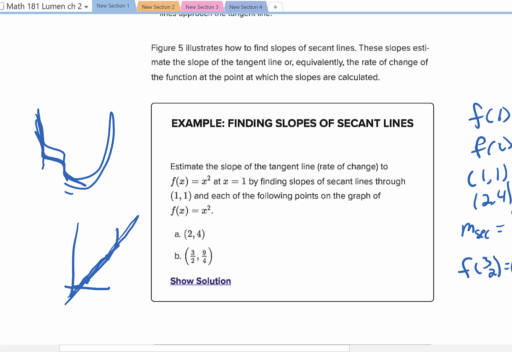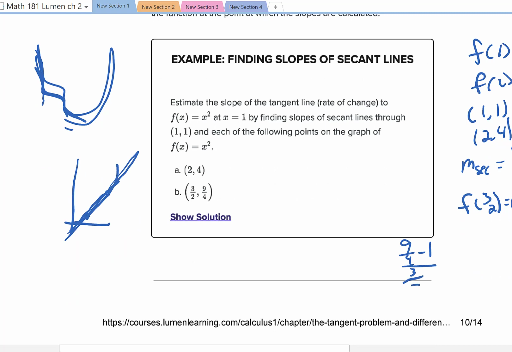So we had 9 fourths, and then the 1, 1. So we do 9 fourths minus 1 over 3 halves minus 1. 9 fourths minus 1 is 5 fourths. 3 halves minus 1 is 1 half. So 5 fourths times 2 over 1.